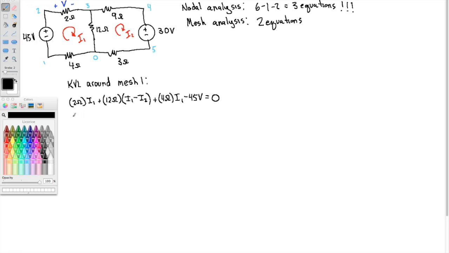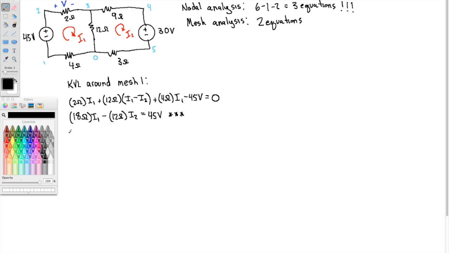So 16, 17, 18 ohms times I1. Is that right? 12, 16, 17, yeah. Alright, and then I have a minus 12 I2. And then when I get the 45 over to the right, I've got 45 volts there. And I will star that so it pops more, so I can come back to it.